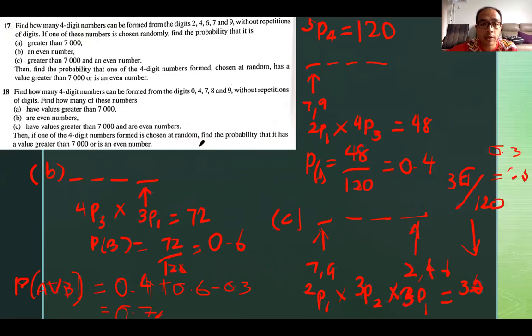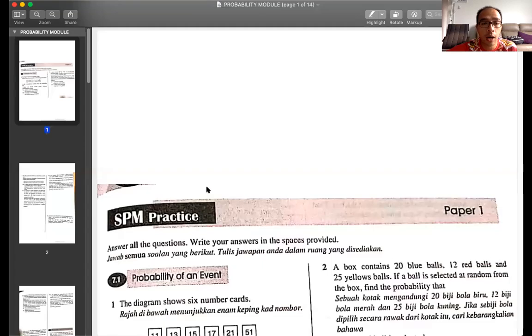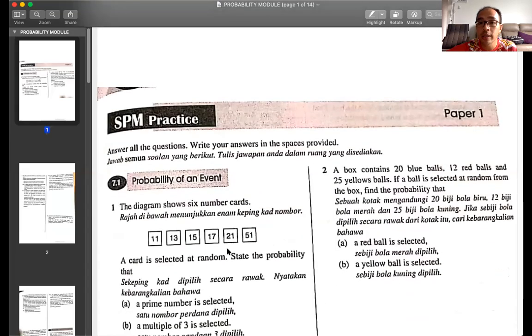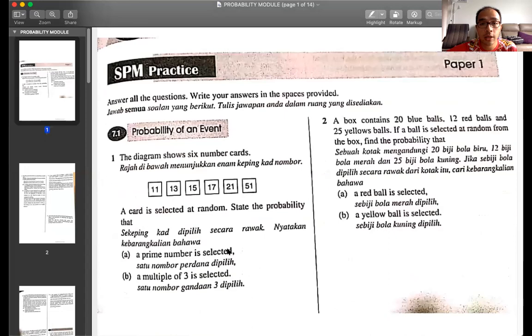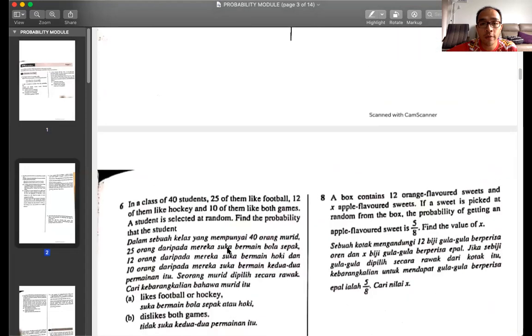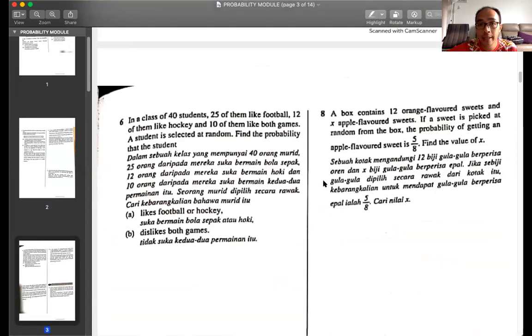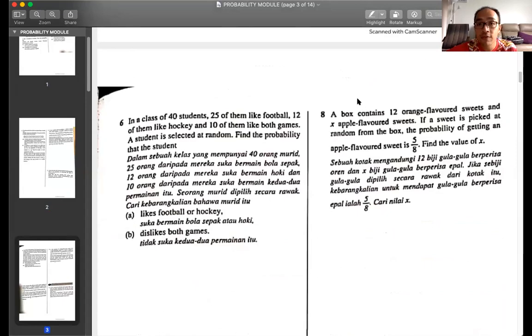All right, before I open this time for questions, in your module, what you can do is start by doing all the 7.1 questions, from number 1 to number 8. There are 8 questions in this first half.